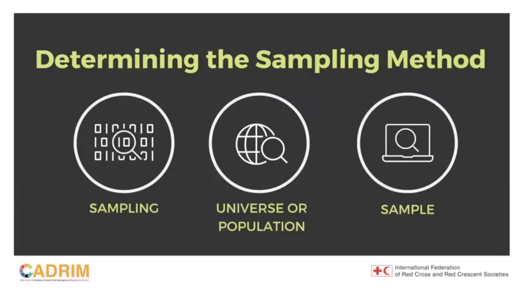And then sample is the group of individuals that we have selected, the people that we are going to interview for our survey. So it's very important for us to have in mind all these 3 aspects during the process to implement our survey, because it will determine the quality of the information that we are going to collect in the field. So if you go to the next slide, please, Alicia.